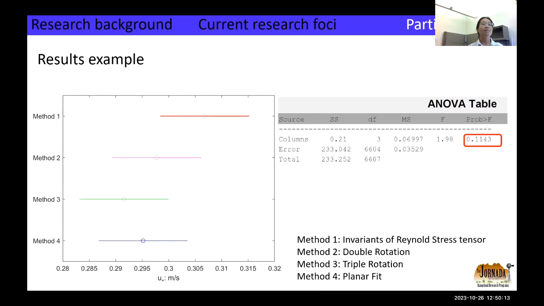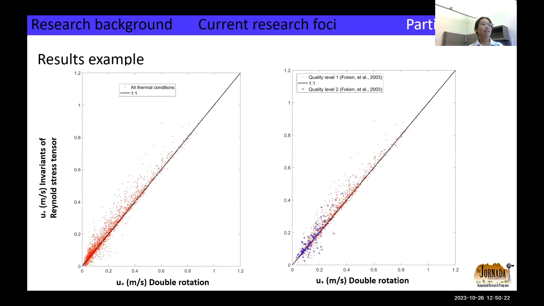Since method 1 is relatively new, there is not a lot of data analysis to test this method. In this slide, there are 2 graphs. I show you a direct comparison between the newest method on the vertical axis and the most traditional method, which is double rotation. In general, it gave us pretty reliable estimates of shear velocity.